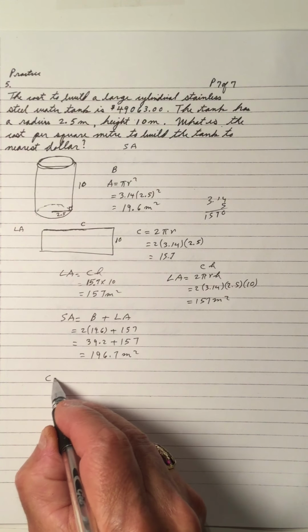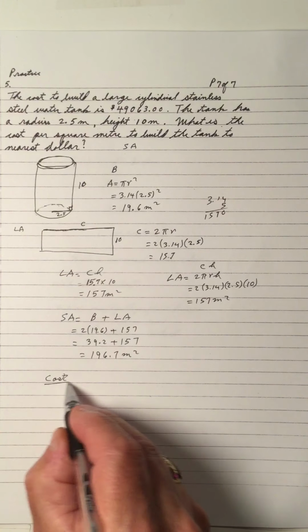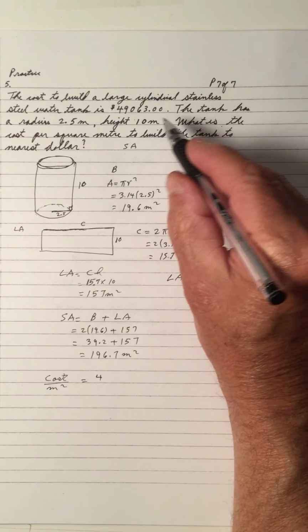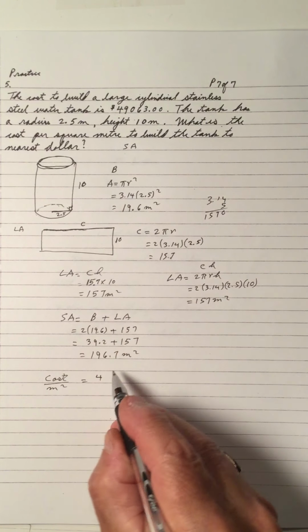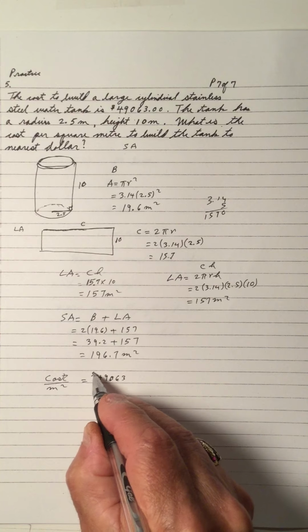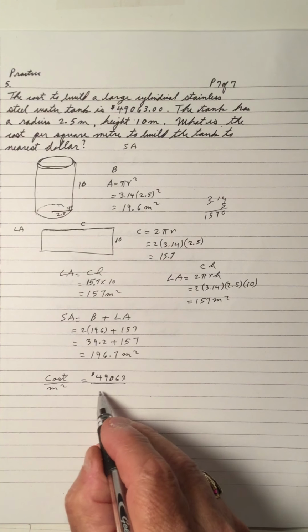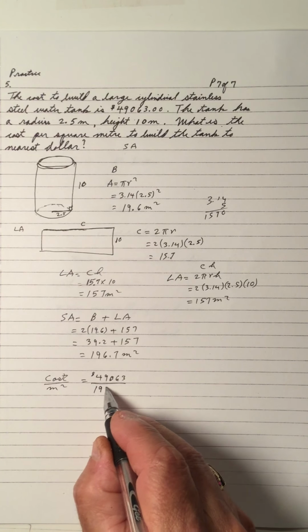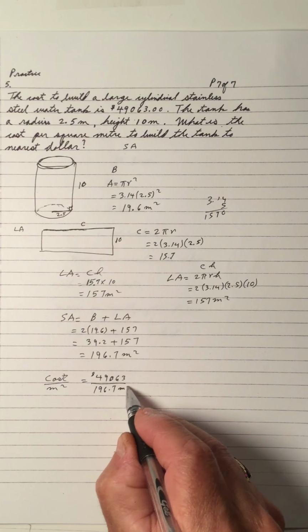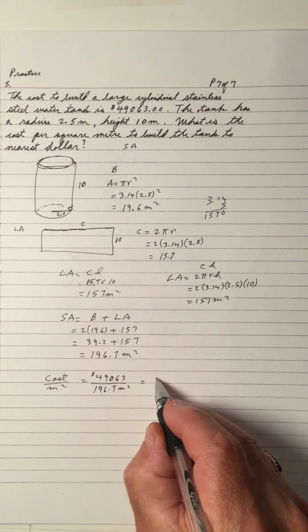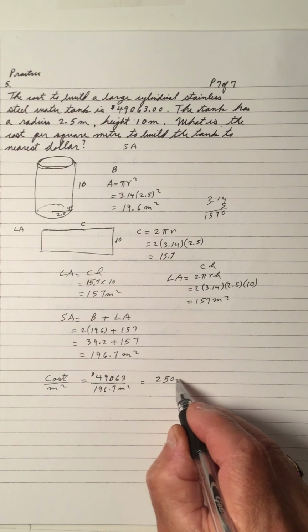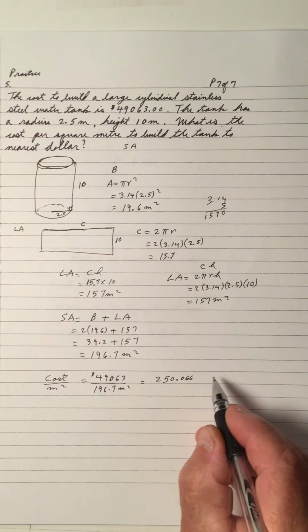But we want the cost per square meter. So the cost is $49,063 divided by the surface area of 196.7. So that's dollars and that's square meters, and that works out to be, when you use your calculator, 250.066.